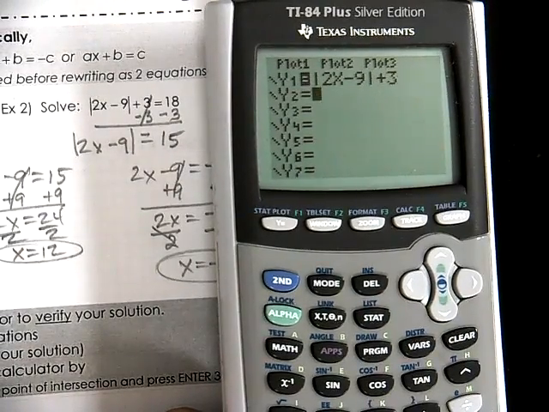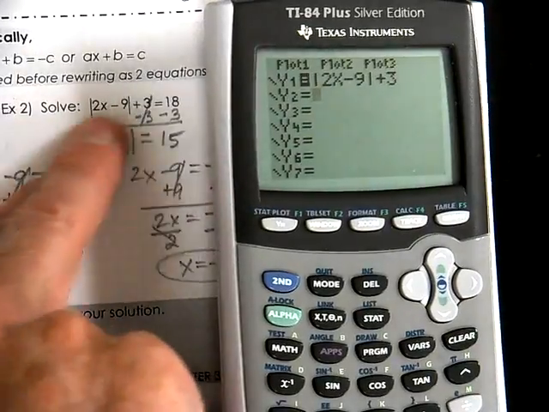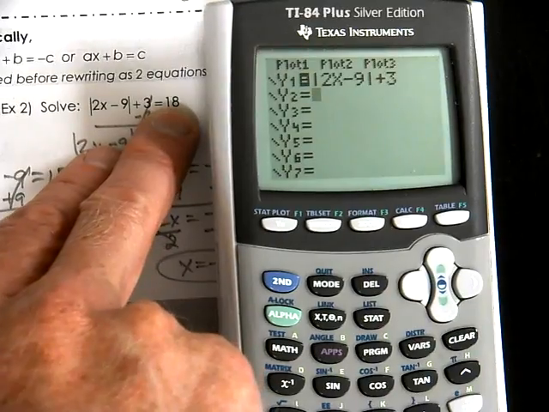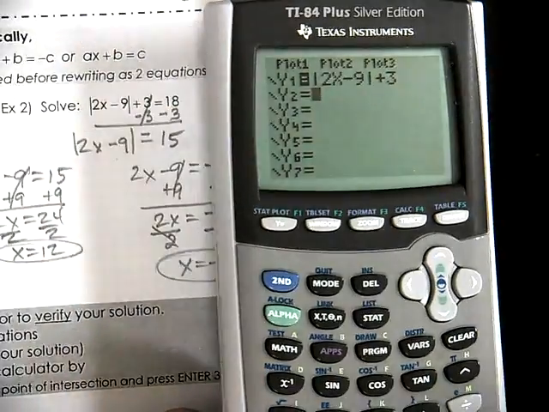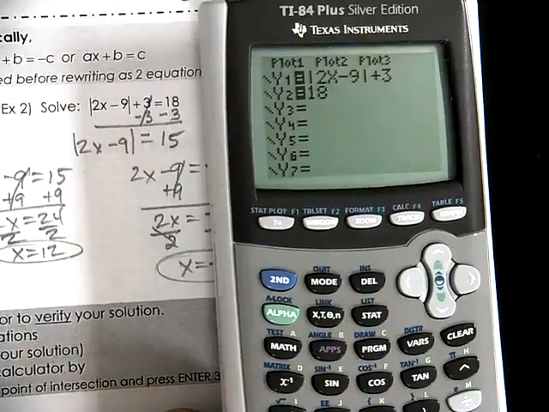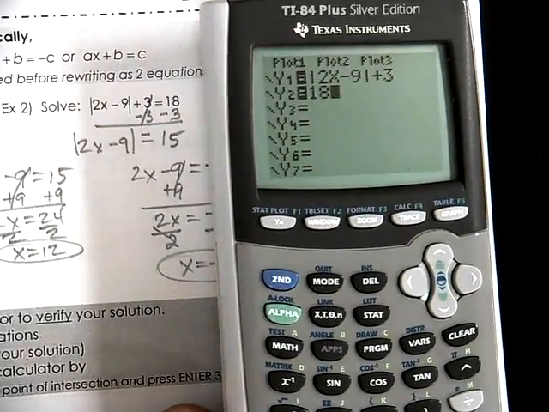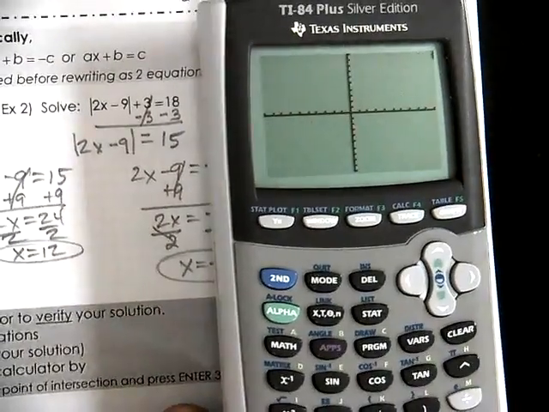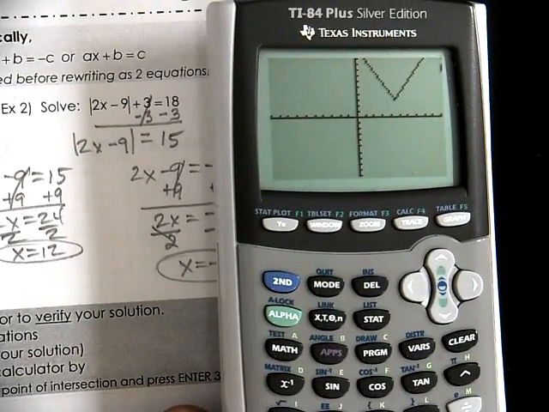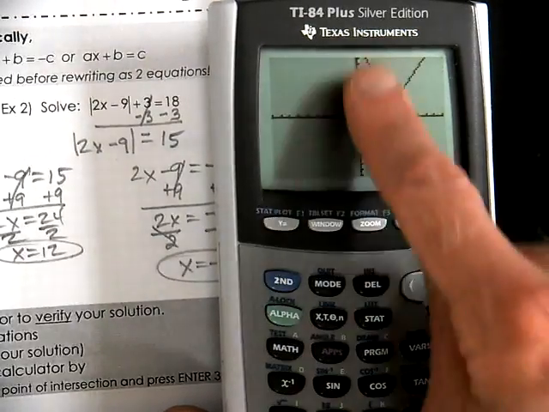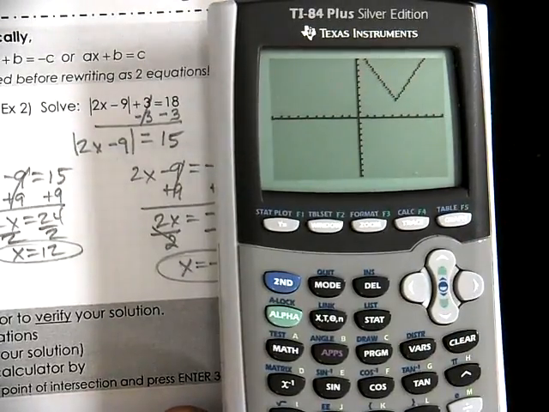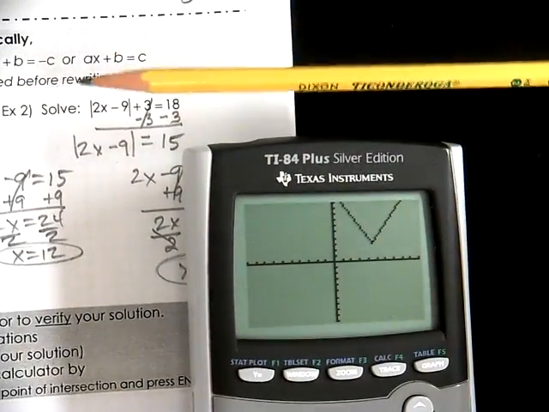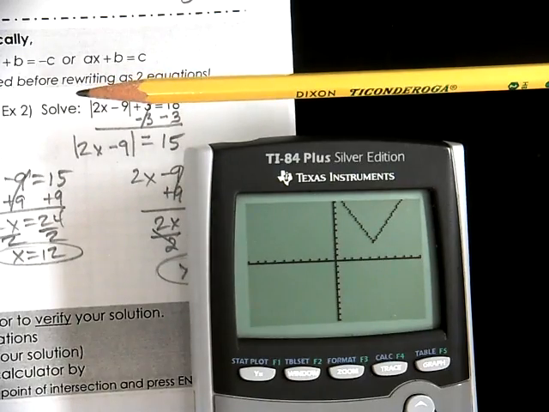So then we hit enter. That's my first equation. This is my second equation. Simply an 18. So I've written that in here now. And I hit graph. So I have my absolute value, but I have my extra line way up here somewhere being 18.